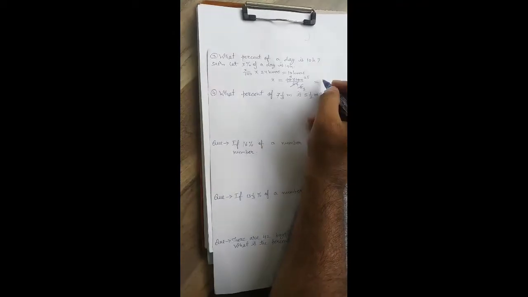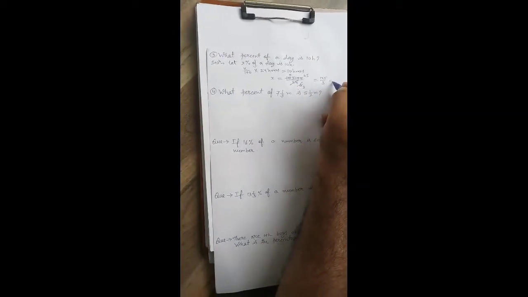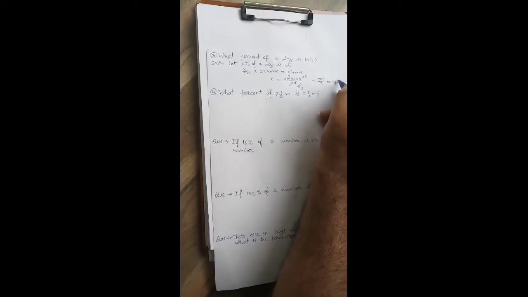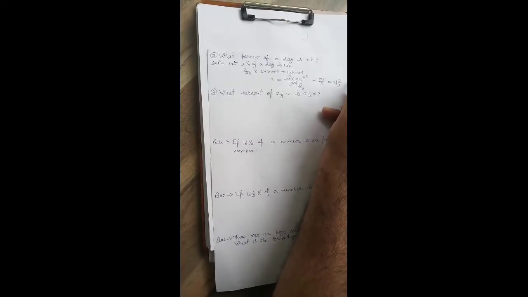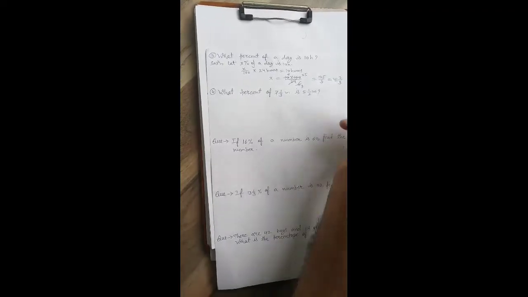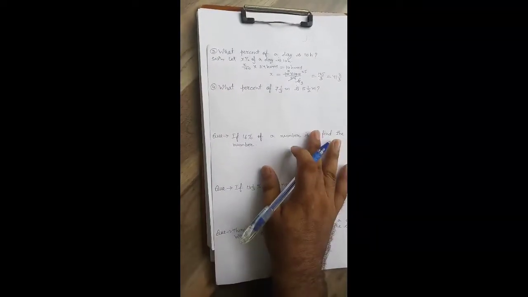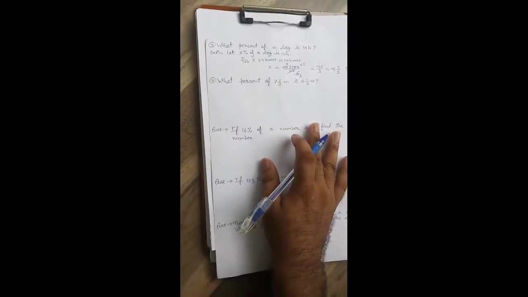Now 25 into 5 is 125 by 3. Now reduce it. 3 into 4 is 12, 3 into 1 is 3. That means 41 into 2 by 3% will be your answer. What percent? 41 into 2 by 3%.